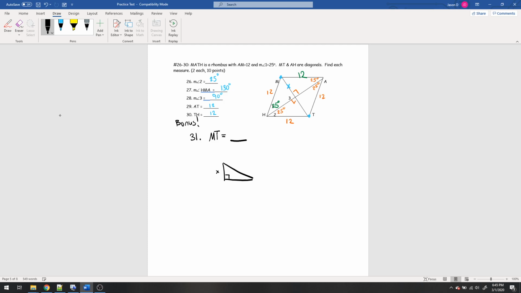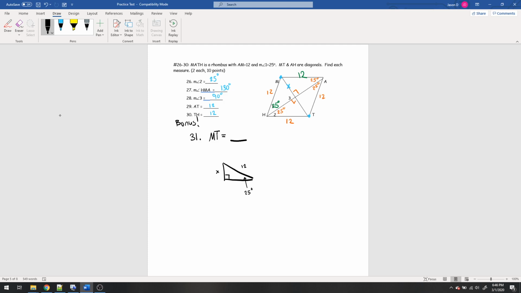Side X is going to be on the left side. We know the hypotenuse is equal to 12 because it's labeled in green up there. And 25 degrees is going to be our reference angle when we set this up. So we want to use SOHCAHTOA. What we have on hand is the opposite side to our reference angle, 25 degrees.